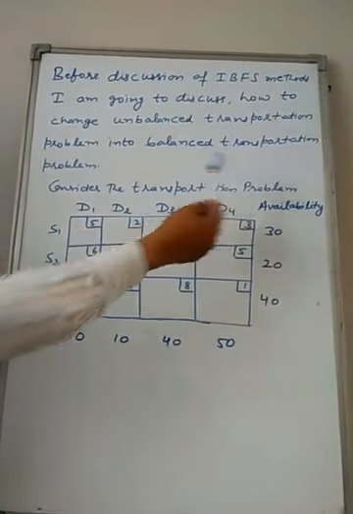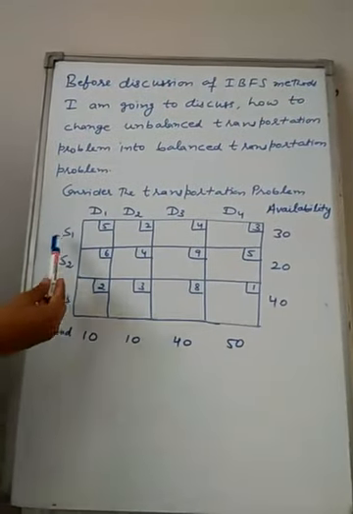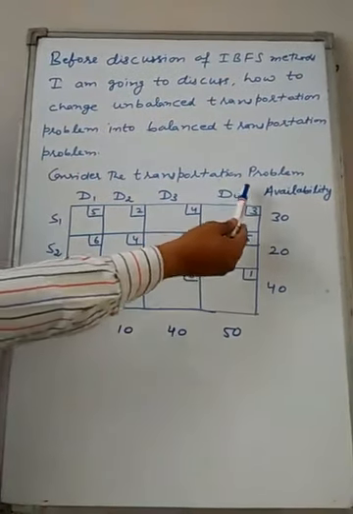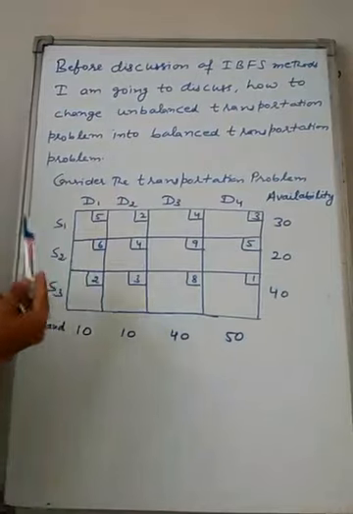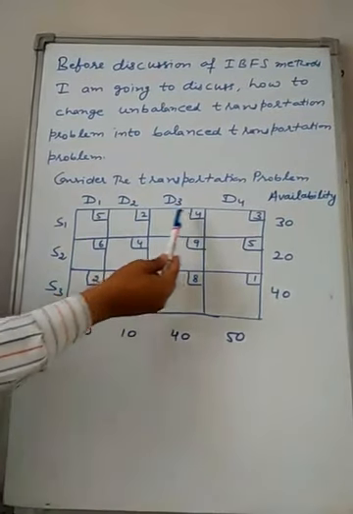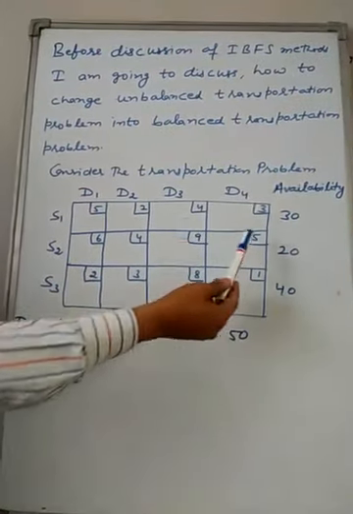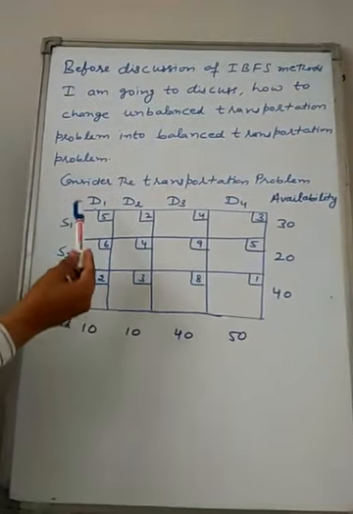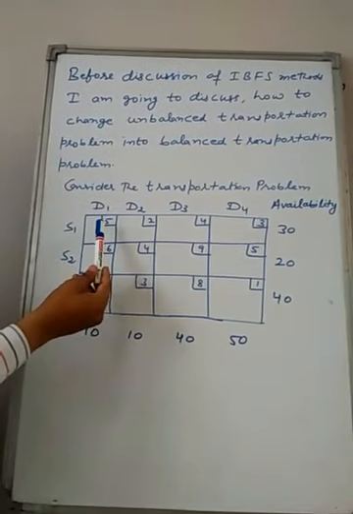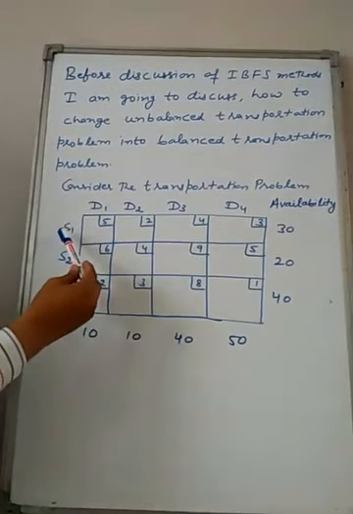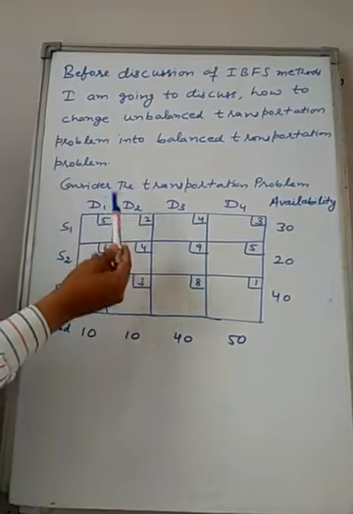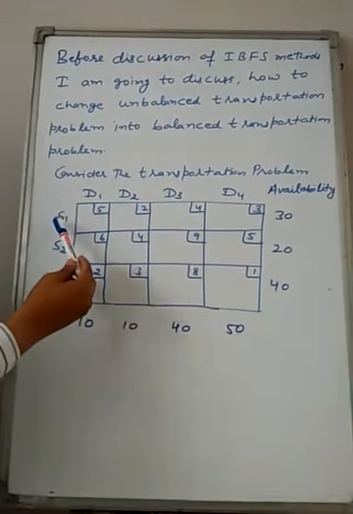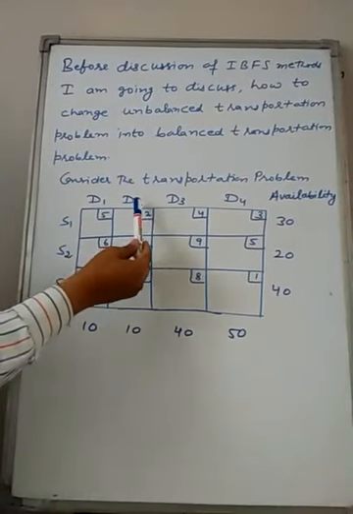Consider the transportation problem as here. S1, S2, S3 represent the sources, and D1, D2, D3, D4 represent the destinations. These numbers represent the cost of unit transportation from different sources to different destinations. Like 5 represents the unit cost of transportation from source S1 to destination D1, and 2 represents the unit cost of transportation from source S1 to destination D2.